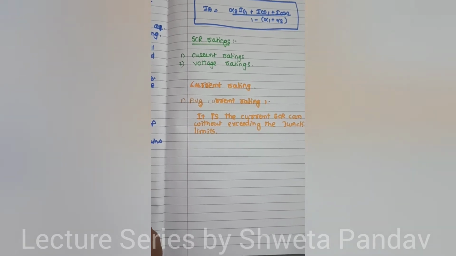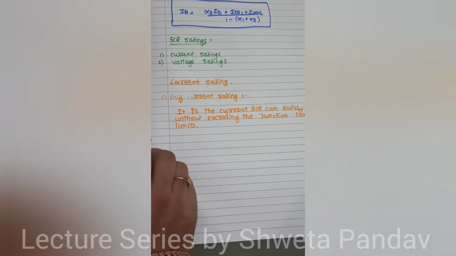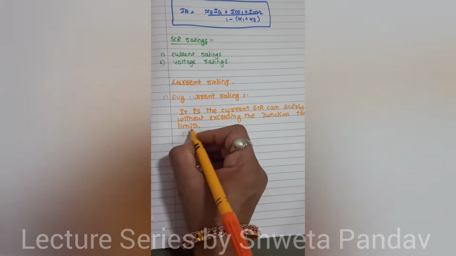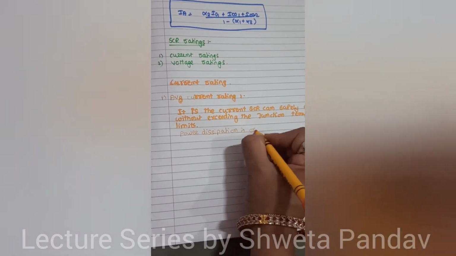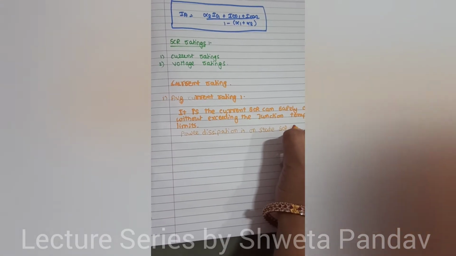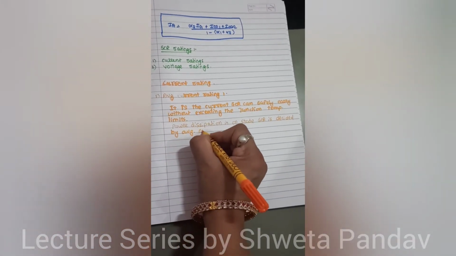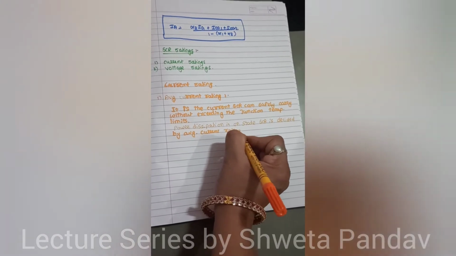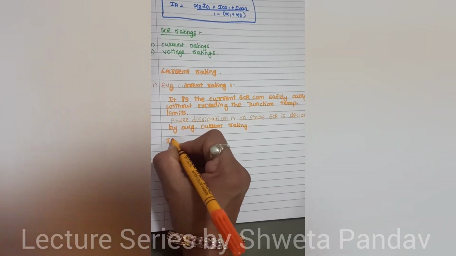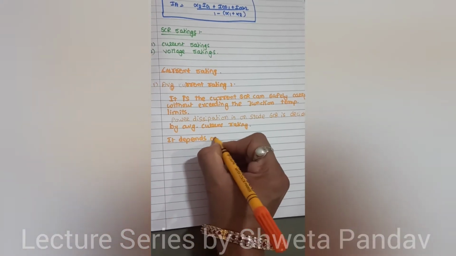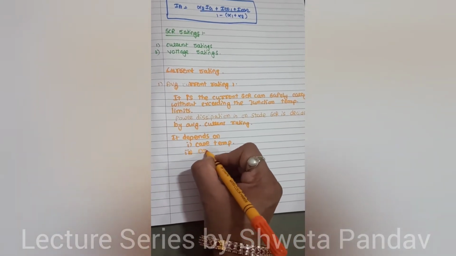The average current rating is used to decide the power dissipation in the on state of the SCR, and it depends on the case temperature and the conduction angle of the SCR.